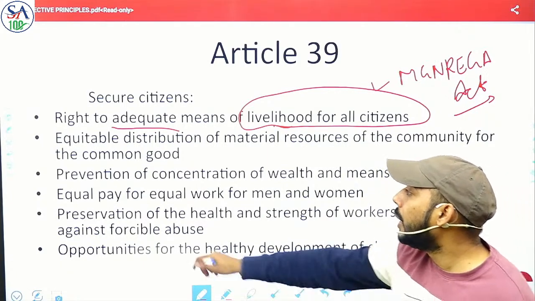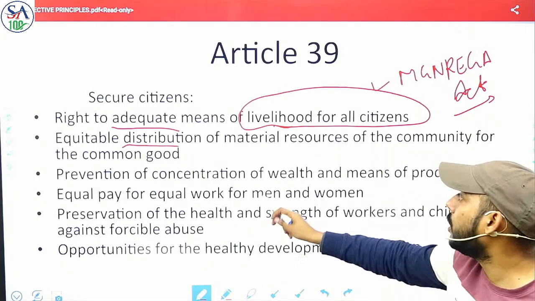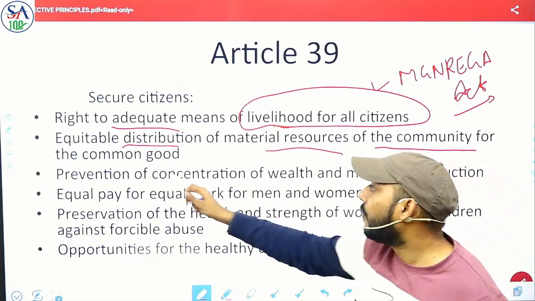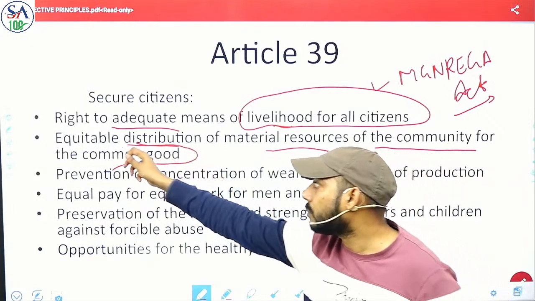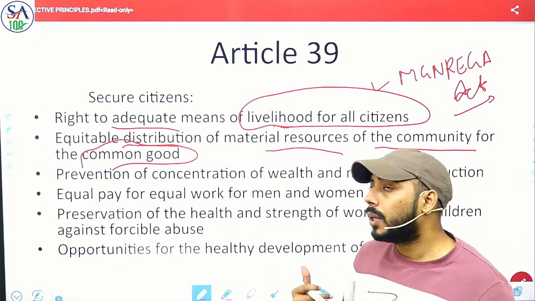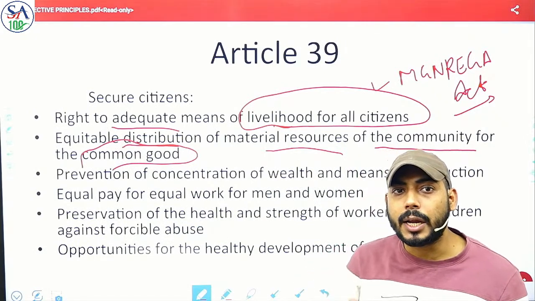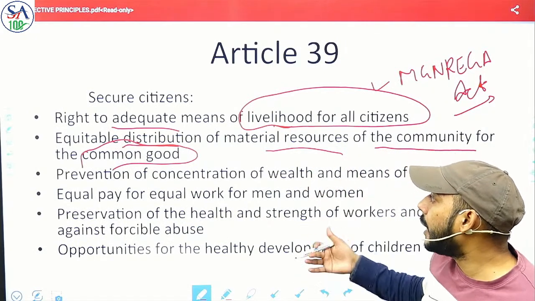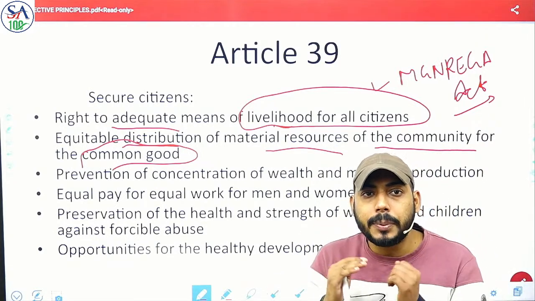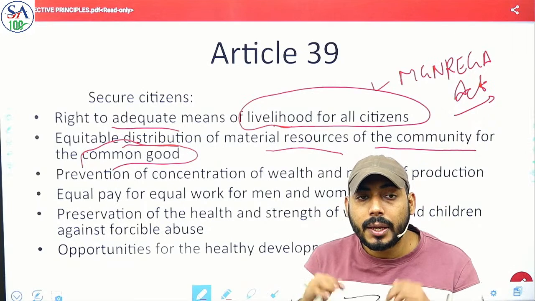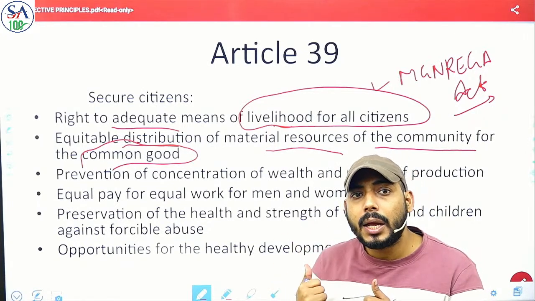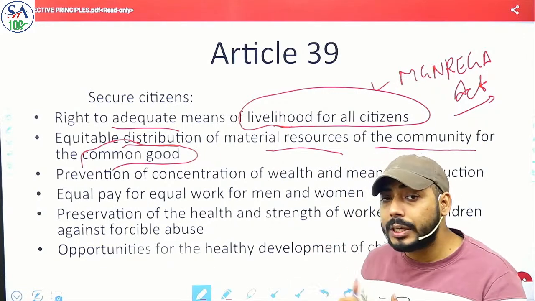Second is equitable distribution of the material resources of the community for the common good. Again, it talks about public welfare. Guys, this is your assignment: think, from your perspective as an administrator, which provision or which act is implemented by the state to achieve this target.